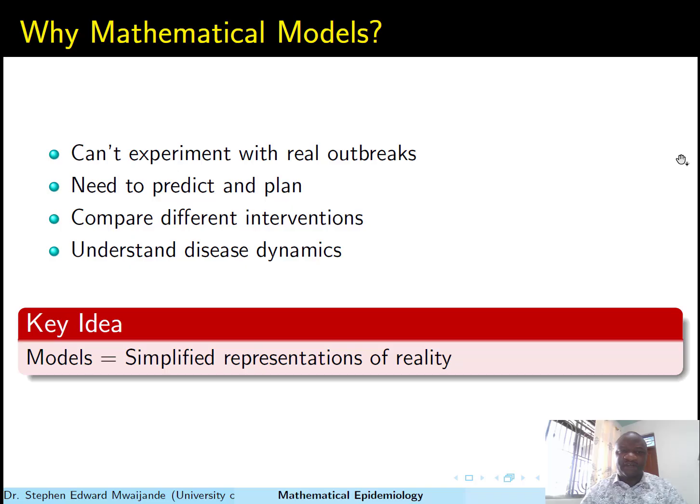We need to compare different interventions, for example, which intervention works better than the others. We need to understand disease dynamics. The key idea in mathematical modeling is that all models are simplified representations of reality.